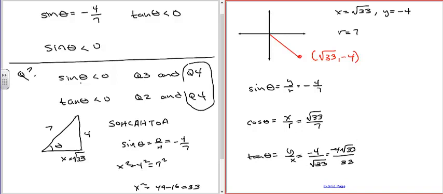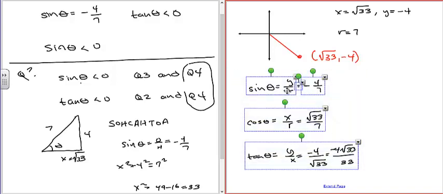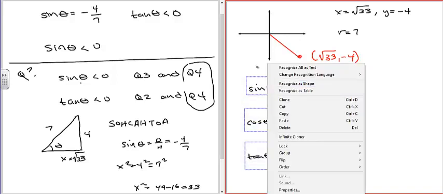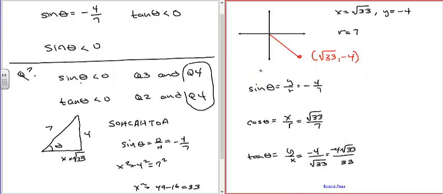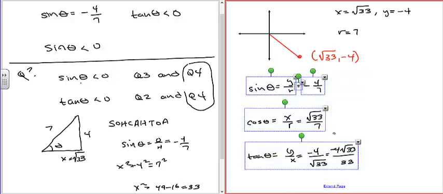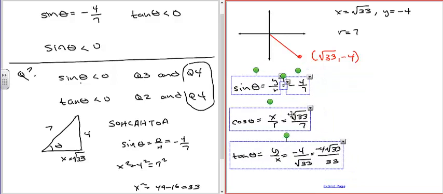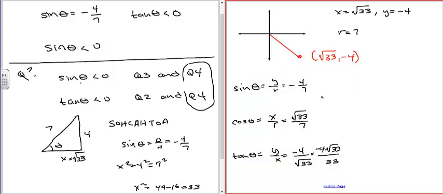When I multiply by the square root of 33 in the denominator, I get the square root of 33 times the square root of 33, and I get 33. That's the procedure I'm going through here. Anytime you've got one of the dimensions as a square root, you probably have to do rationalization.